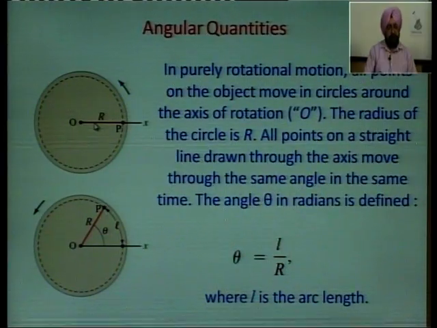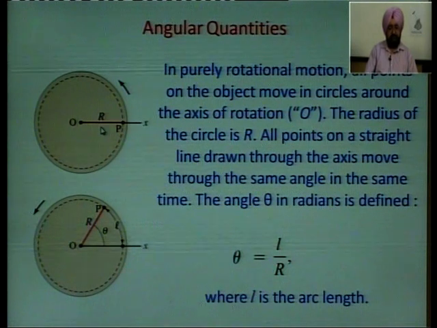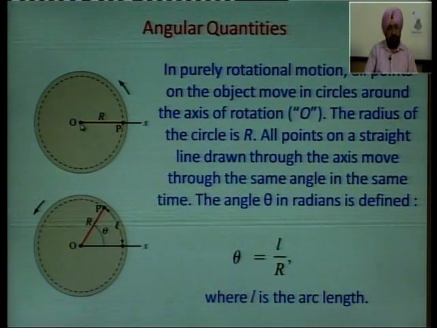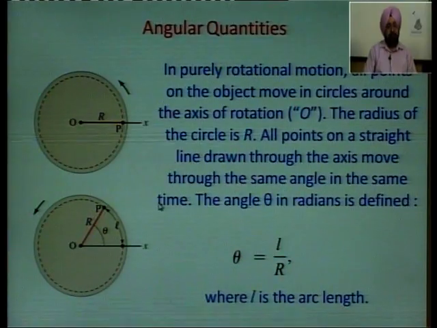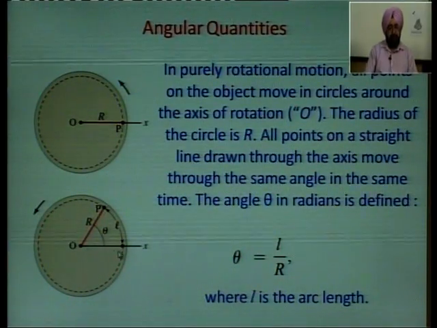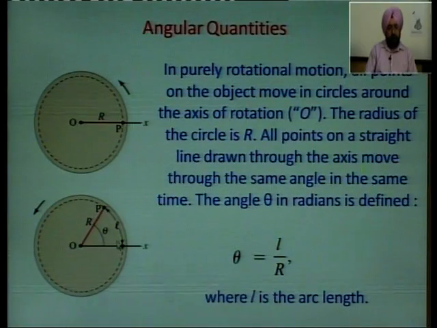If you take a point further nearer to the center, it will also move in a circle while rotating. But all points on a straight line which is drawn through the axis move through the same angle in the same time. So, if you draw a line here, then all points will be moving through the same angle.